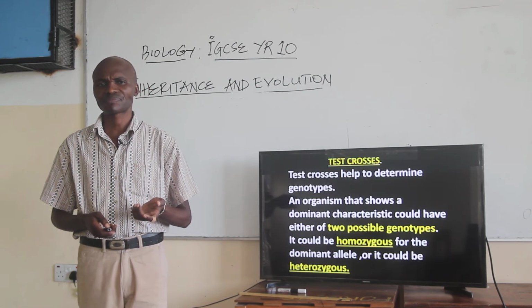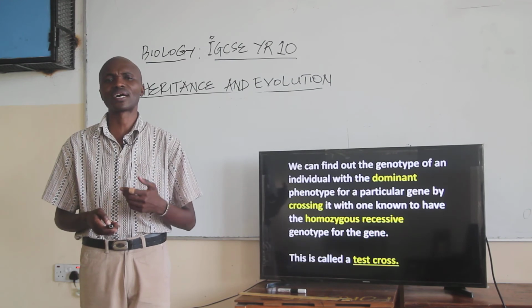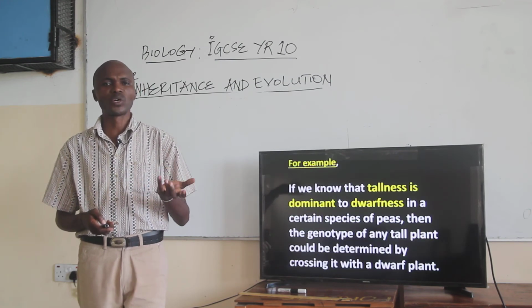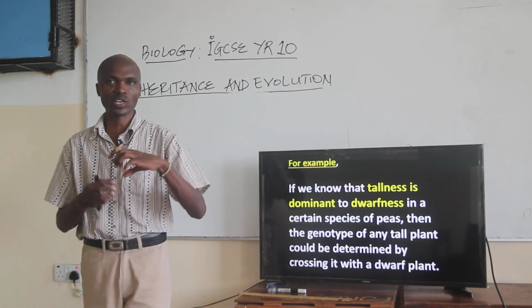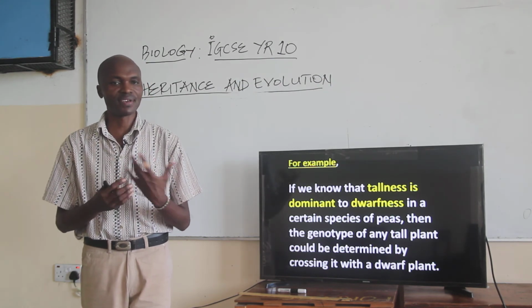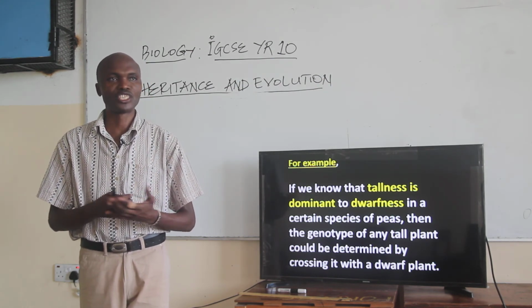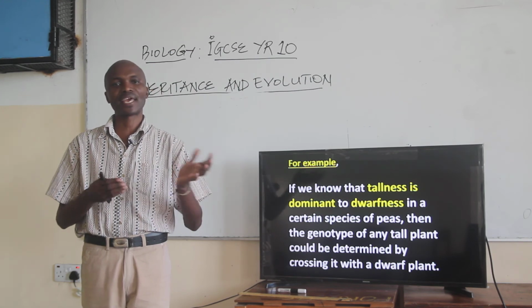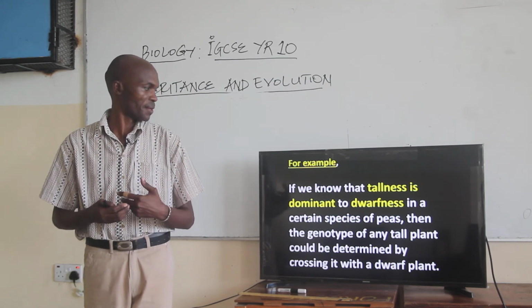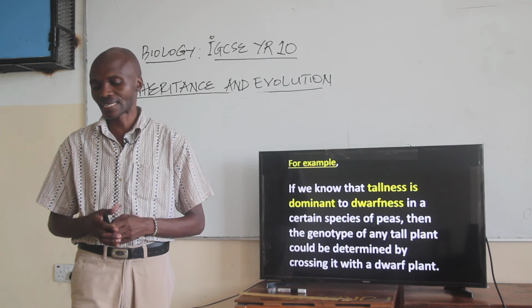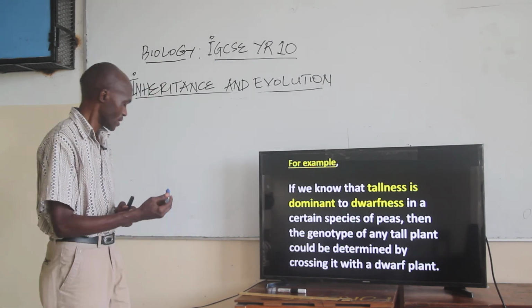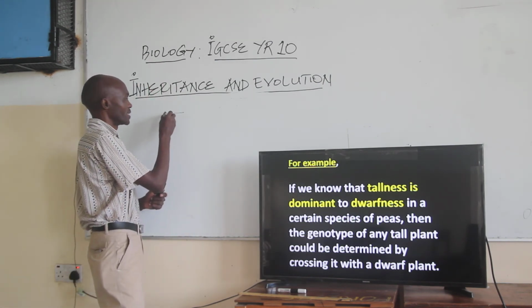Just like in the previous example, the video clip that you just watched, we were given the genotype of tall plants and dwarf plants. We know that tallness is dominant to dwarfness. So if a plant is tall, there are two possibilities.